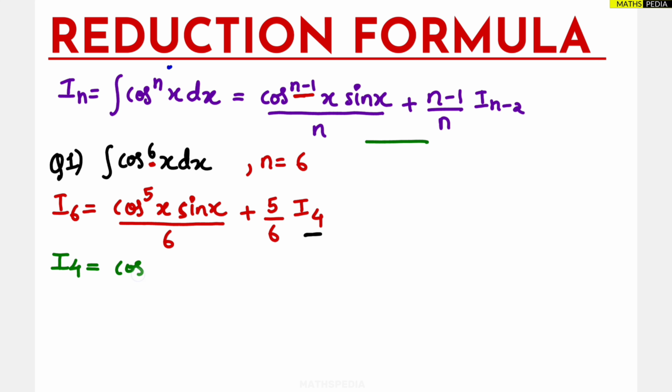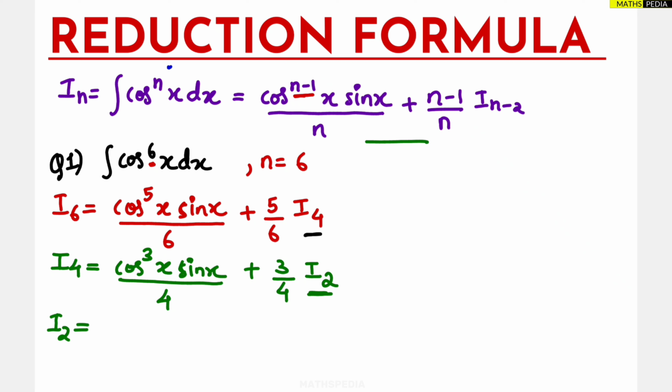So cos n minus 1, 4 minus 1 is 3, x into sin x, whole divided by the n value 4, plus n minus 1, which is 4 minus 1, 3, divided by 4 into I 4 minus 2. 4 minus 2 is 2. So again there is a problem that I2 has come. Now I2, again I need to find out I2.